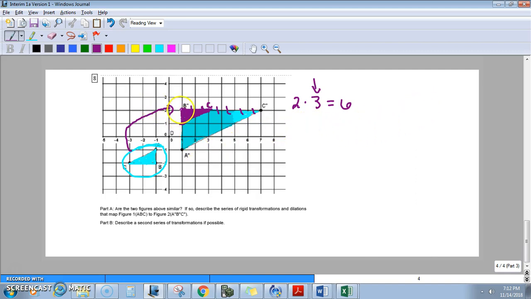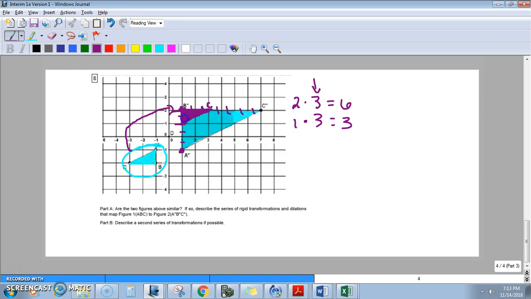So let's look at AB, right? Let's look at this side AB. It was originally just 1 block, right? This purple triangle, but now it is, that's 1, 2, 3. So if it was originally 1 block, I need to multiply it by 3 to get to 3. So again, that side's 3 times bigger. And then let's just double check.